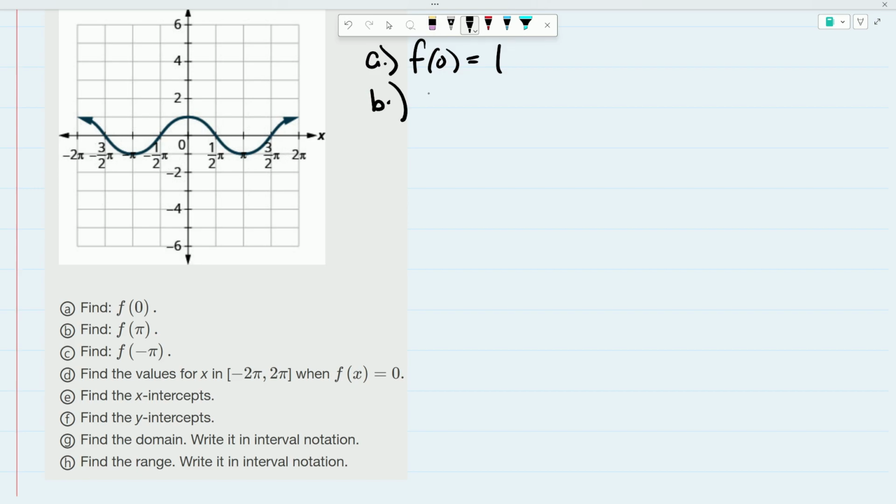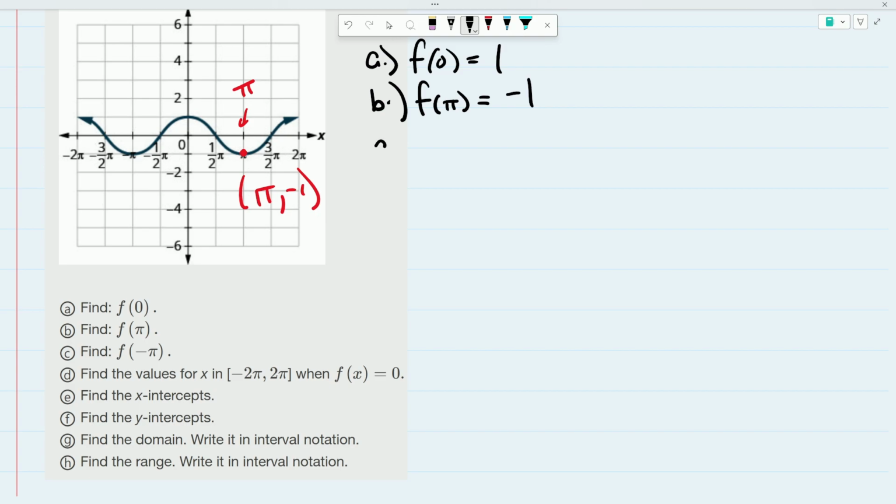Part B, now they're asking, what is f of pi? Well, once again, you're going to go on the x-axis to where x equals pi, and that's going to be right here. And that's the ordered pair down there. I'll just put pi here so we can easily see that. So what is that ordered pair? Well, that's going to be pi, comma, -1. So f of pi is equal to -1.